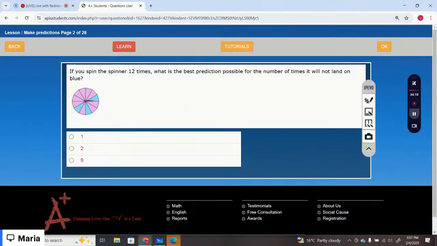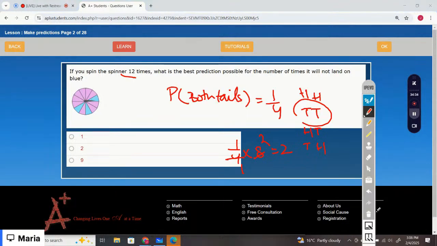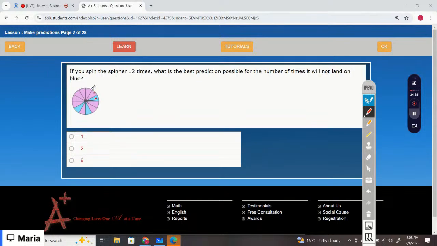If you spin the spinner 12 times, what is the best prediction possible for the number of times it will not land on blue? So not land on blue means it will land on the purple one, right? The total outcomes of the spinner are 1, 2, 3, 4, 5, 6, 7, 8, 9, 10, 11, 12. The total is 12 and not blue is 9 out of 12.